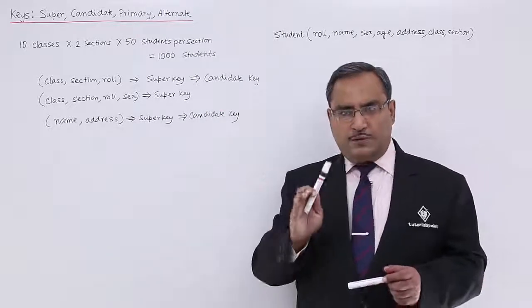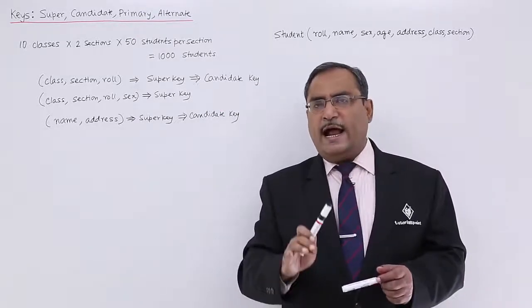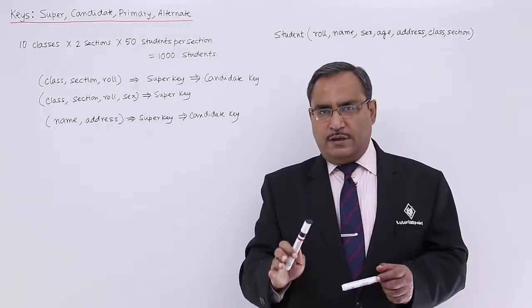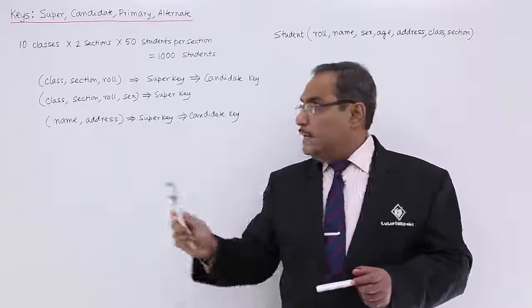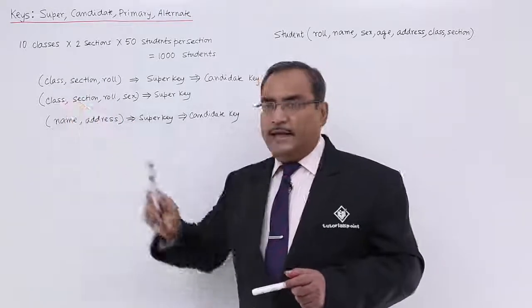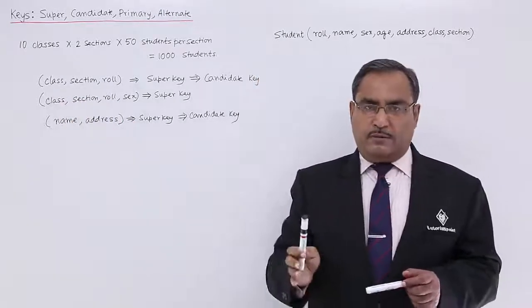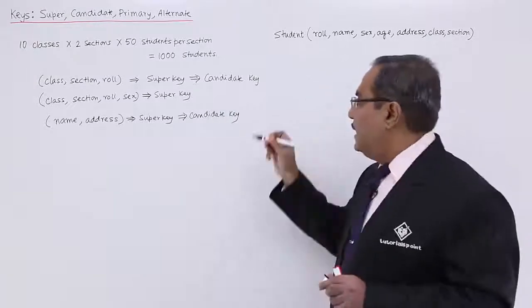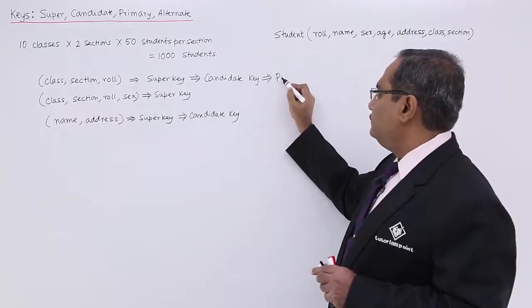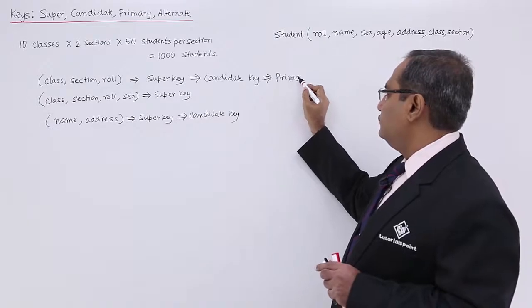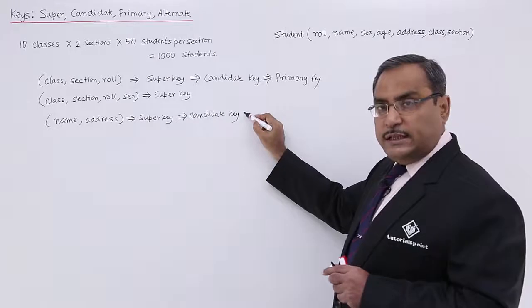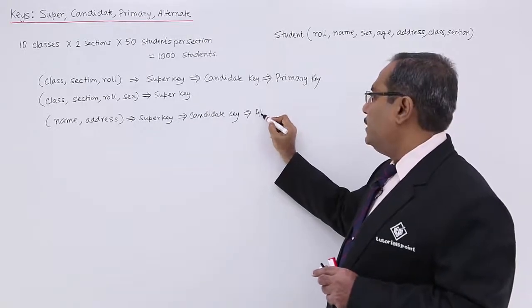That means all attributes taking part are sufficient and essential, and both are capable of unique identification. But during design, if we consider this one as the unique identification attribute combination, then this candidate key will become the primary key, and this combination will become the alternate key.